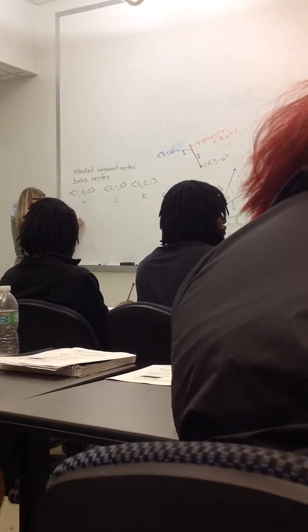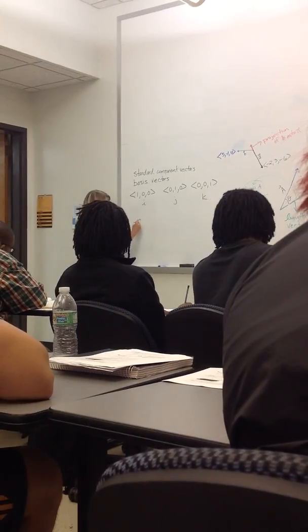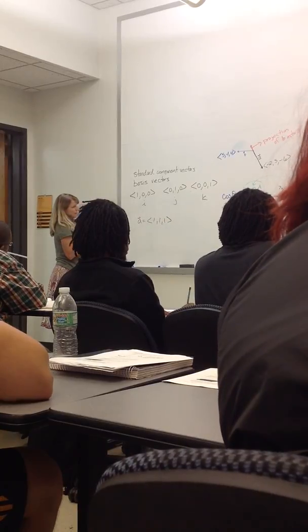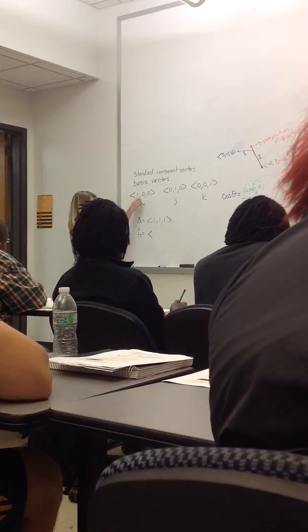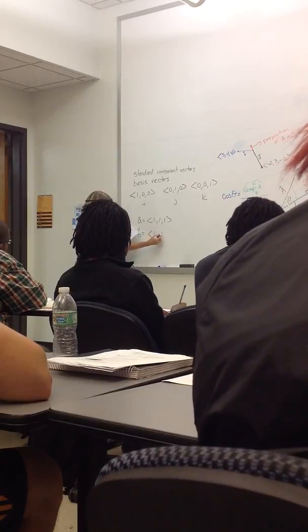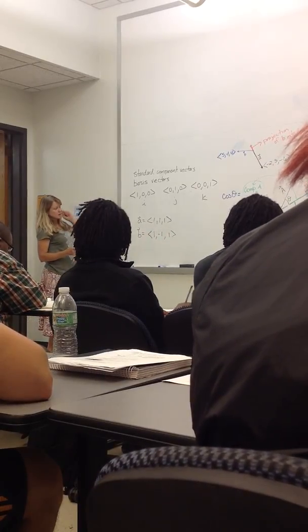So vector A, if you add i and j and k together, you get the vector (1, 1, 1). And vector B, if we take i and subtract j, you're going to get 1, minus 1, and then if we add k, we'll get positive 1.